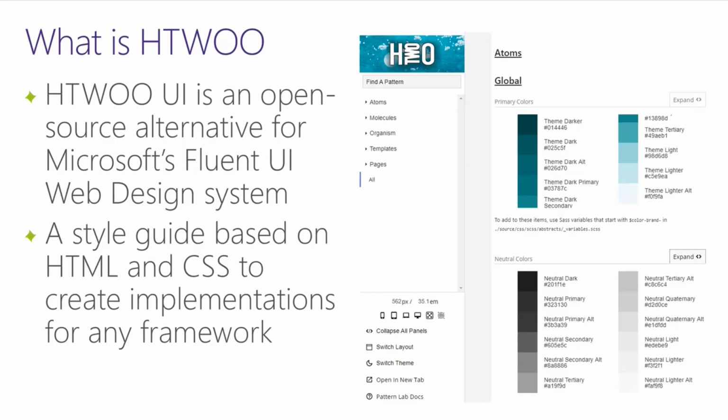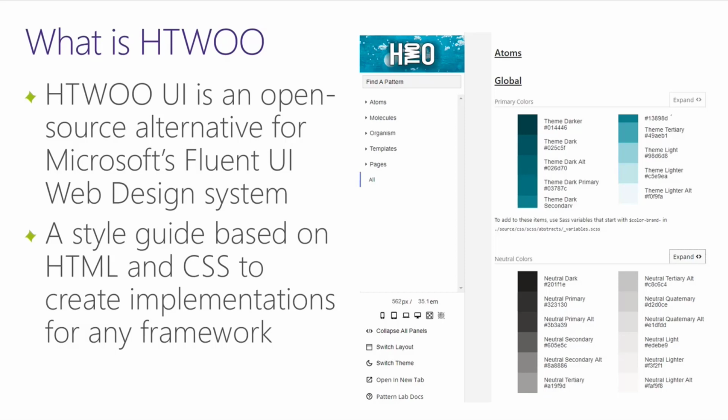All right, so what is H2O? H2O is an open source alternative to Microsoft's Fluent UI web design system. At its core, there's a piece of this called H2O Core, which is a style guide based on HTML and CSS to create the implementations for any framework, unlike the Fluent UI web system that is available, that's only React controls.